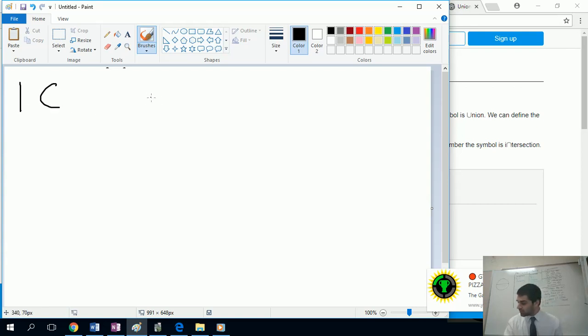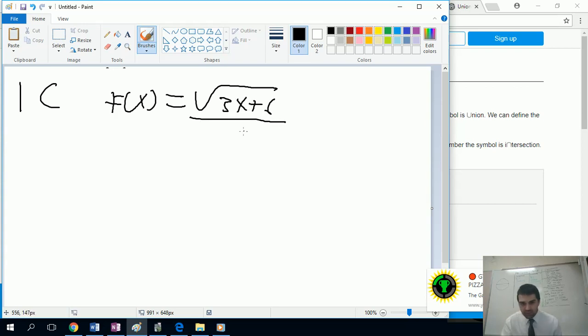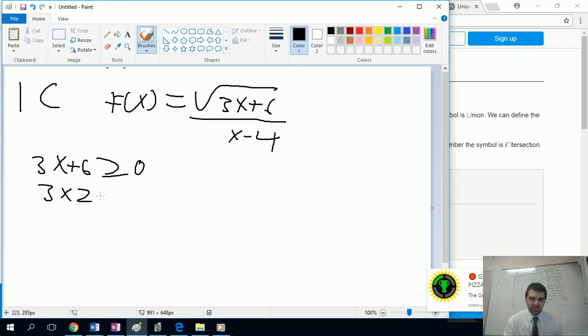1c. You're going to have f of x is going to be equal to the square root of 3x plus 6 over x minus 4. So first of all, 3x plus 6 must be greater than or equal to 0. 3x must be greater than or equal to negative 6.